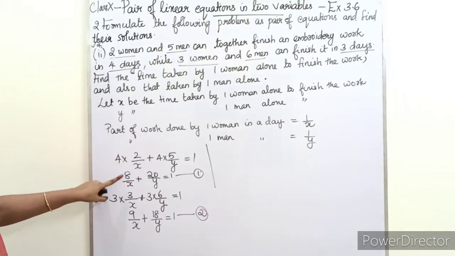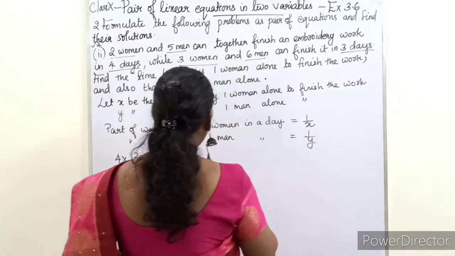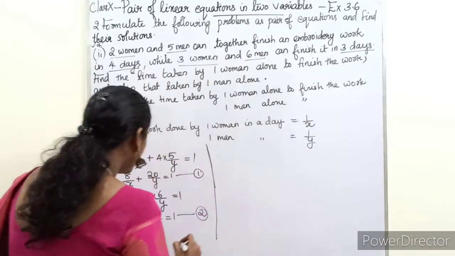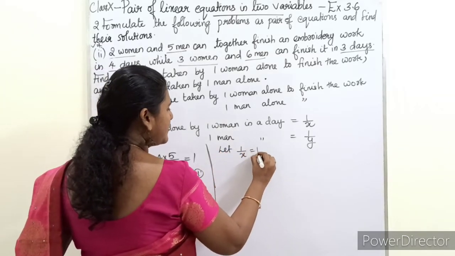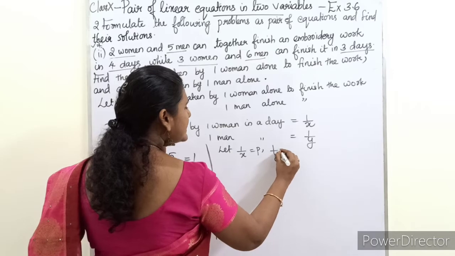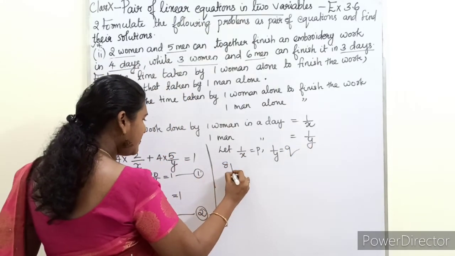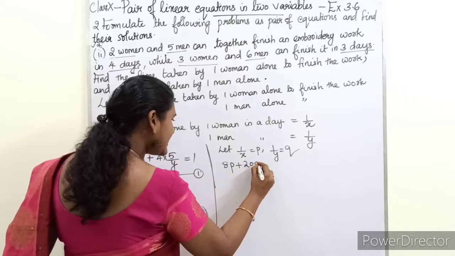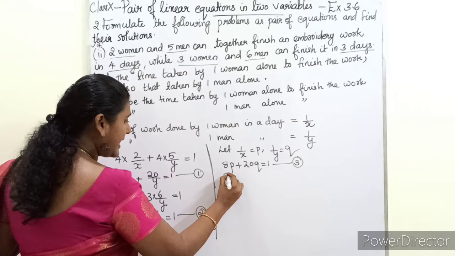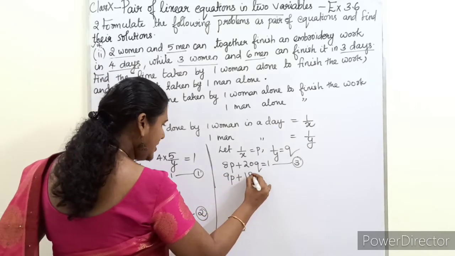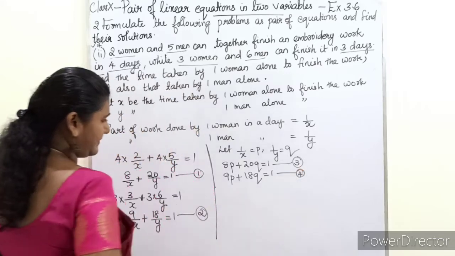So we got 2 equations. Now we will use the substitution method to simplify this. Let 1 by x be p and 1 by y be q. The equations change to 8p plus 20q is equal to 1, the third equation, and 9p plus 18q is equal to 1, the fourth equation.